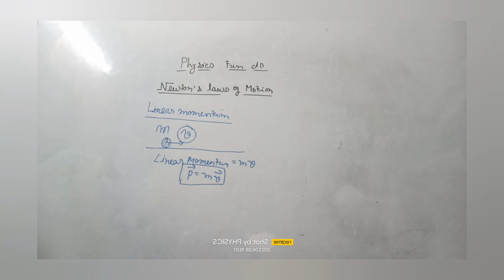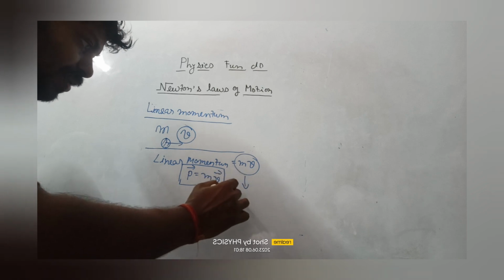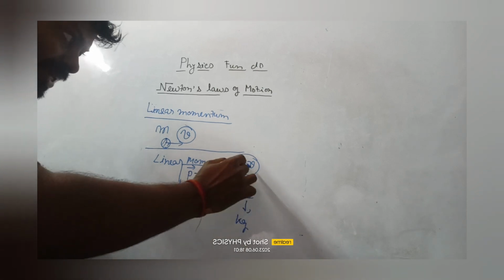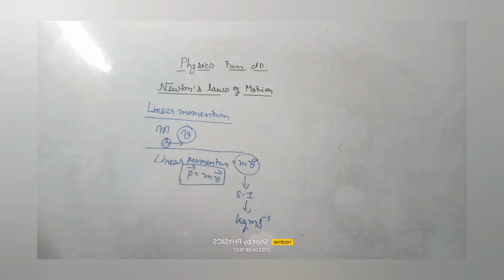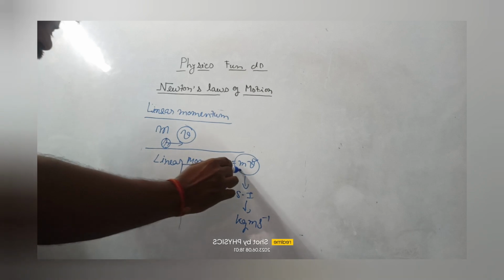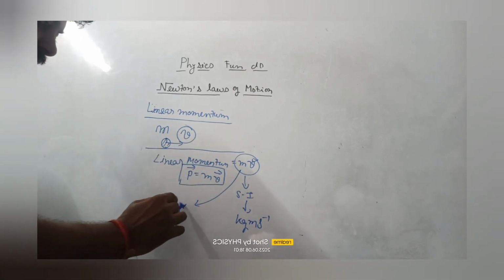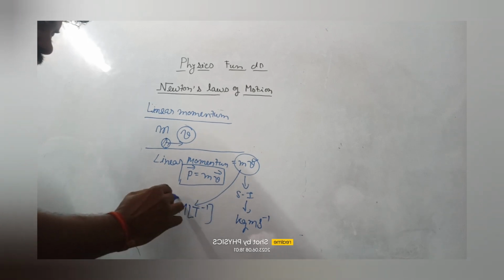Now find its unit. The SI unit of mass is kg, and the SI unit of velocity is meter per second. So the unit is kg meter per second. And what is the dimension? Mass is M, and velocity is L T inverse.